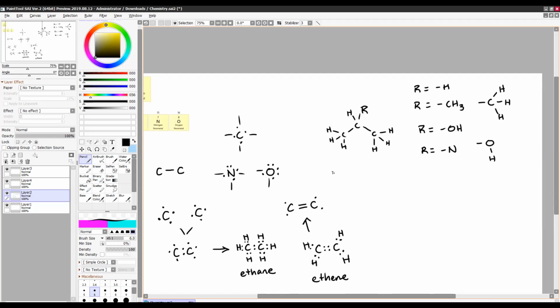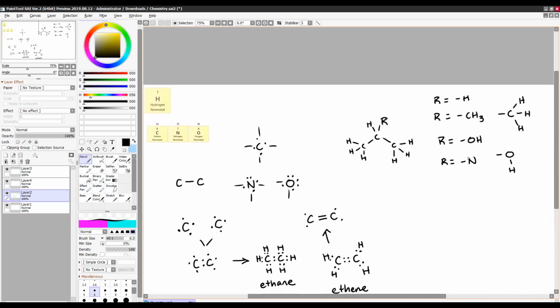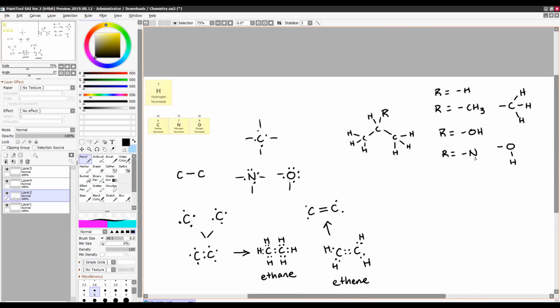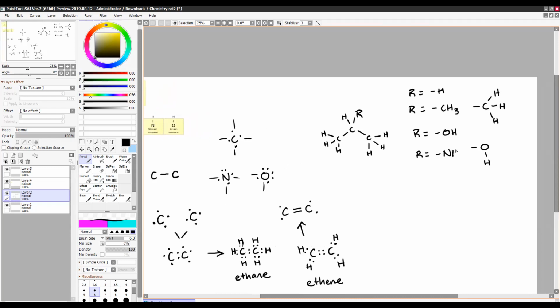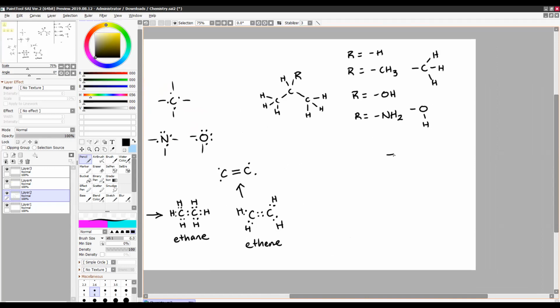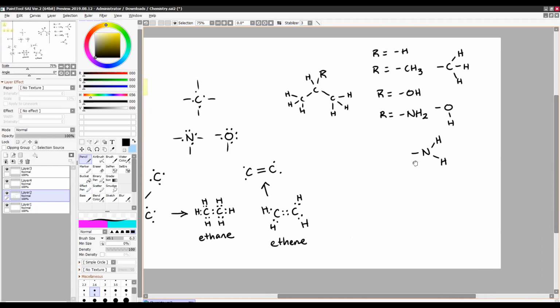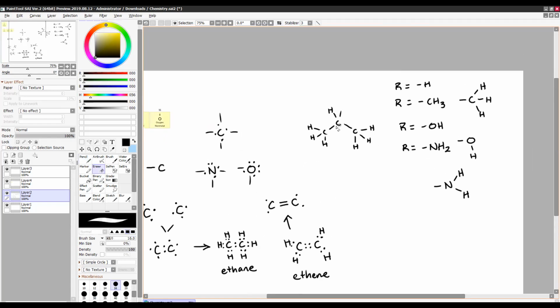So I'll give you a moment to think how many hydrogens must be attached to this nitrogen atom. The answer is 2. What would that look like? It would look like this. And if we were to draw that into our structure, it would look like this.